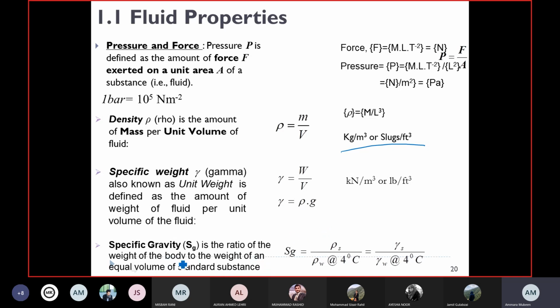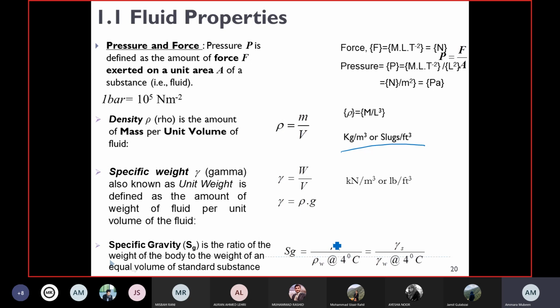Okay, so specific gravity can be defined as the ratio of two densities, or as the ratio of two specific gravities. It can also be defined as the ratio of two weights, for an equal volume.